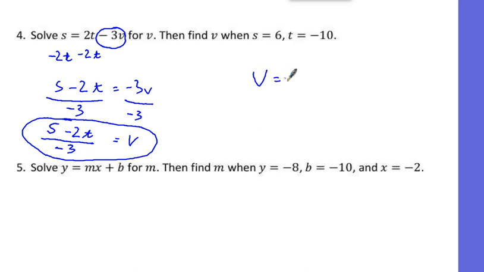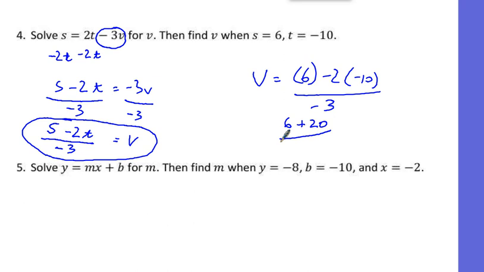What is v when S is 6 and t is negative 10? There is multiplication in the numerator that needs to take place first, the negative 2 times negative 10. And so we'll have 6, negative times a negative is a positive, 2 times 10, 20, divided by negative 3.